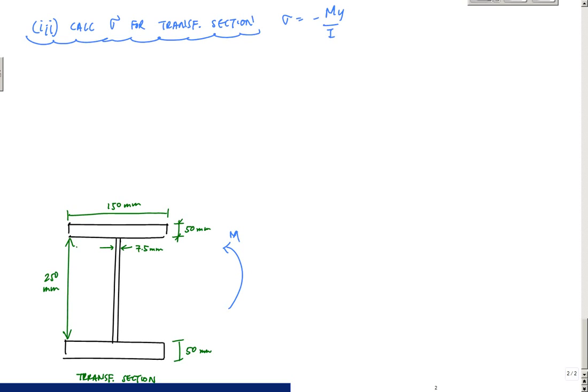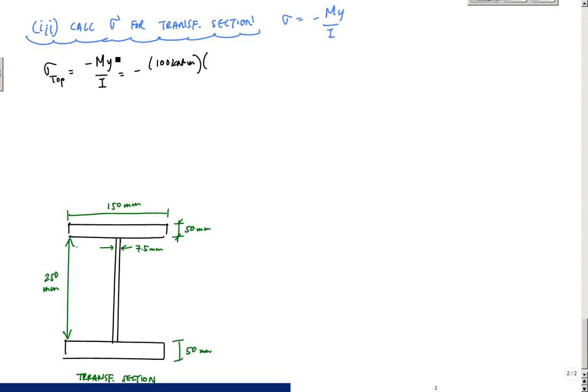I'm going to erase that because we know it's compression at the top, tension at the bottom, and I need that space later. But here, sigma top, or the stress at the very top, is equal to minus My over I. In this case, the maximum moment at midspan of the simply supported beam was 100 kilonewton meters.